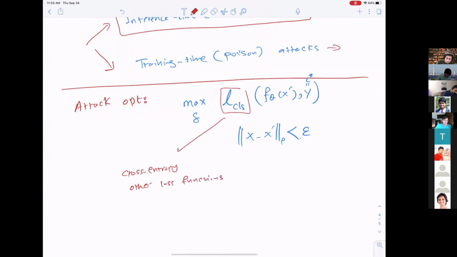For instance, this really nice paper by Carlini and Wagner proposes 7 different loss functions based on the difference of the logits, which you can maximize in order to create an adversarial example.